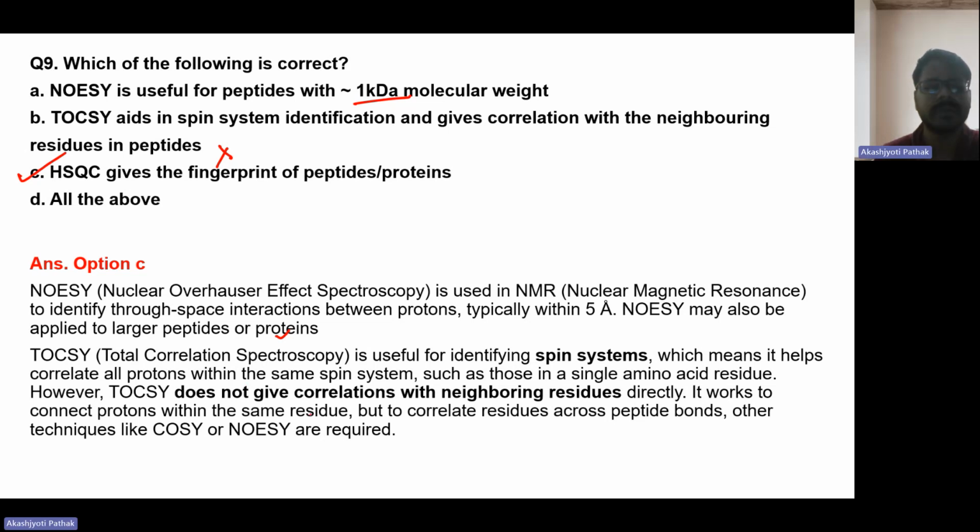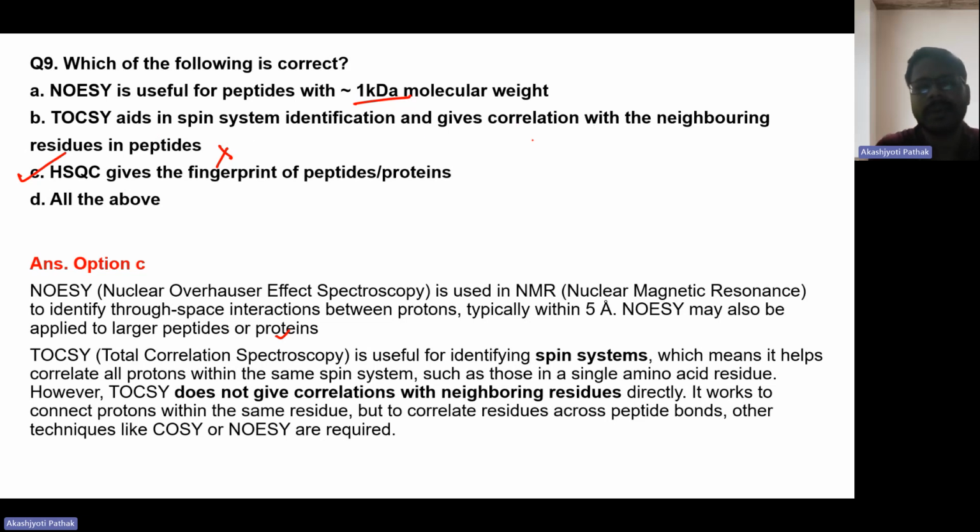It works to connect protons within the same residue, but not across peptide bonds. It gives correlation with the neighboring residues in the peptide?